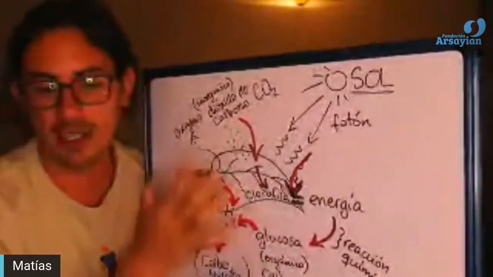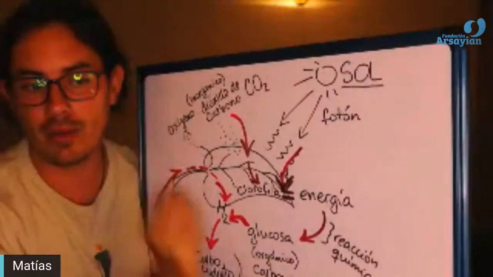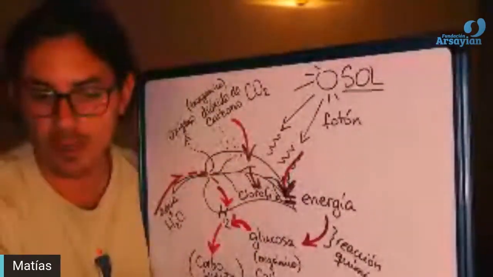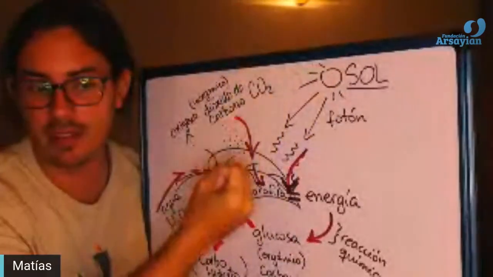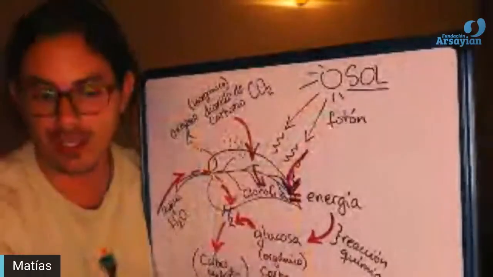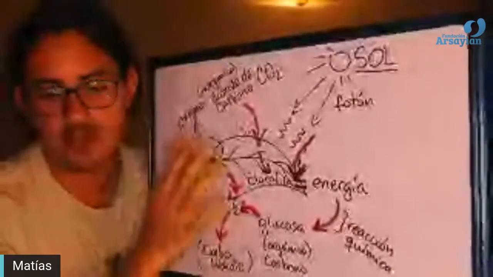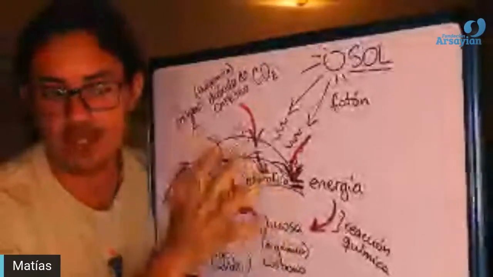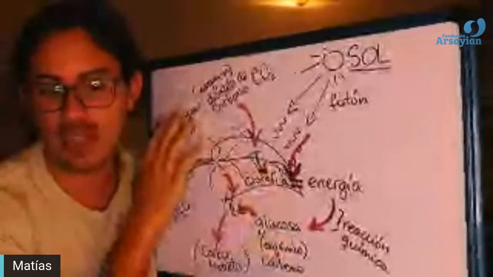So the plants are giving us basically life through food and through the oxygen that we breathe, giving it away, receiving the bad things and giving the good things for us. So we breathe the oxygen, which is what the plants don't need for living.